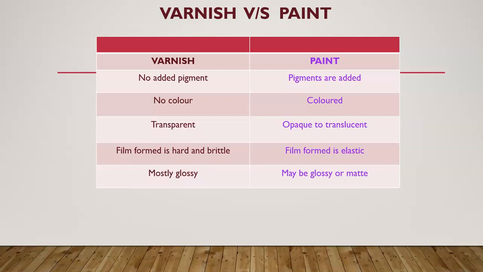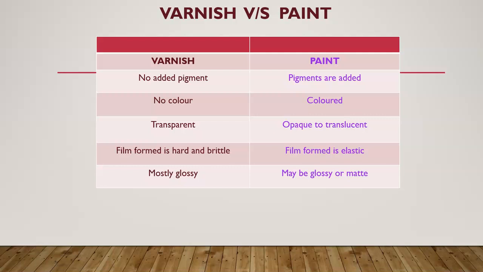Varnish is colorless, while paints are always colored because of the pigments. The film of the varnish is transparent, while paint hides the surface on which it is applied. The film may be opaque or translucent.